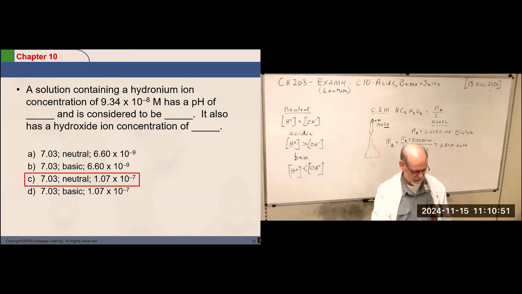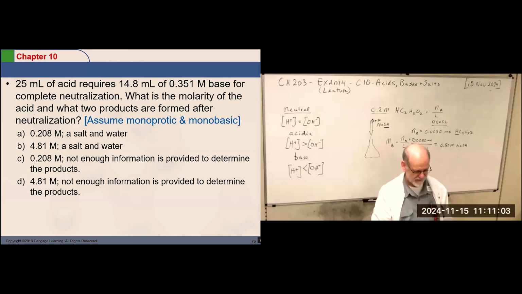Not exactly, but very close to neutral. And the hydroxide ion concentration is going to be just a little bit above 10 to the minus 7. I'm going to have to leave that until we do our review. So work on this type of problem in your review.